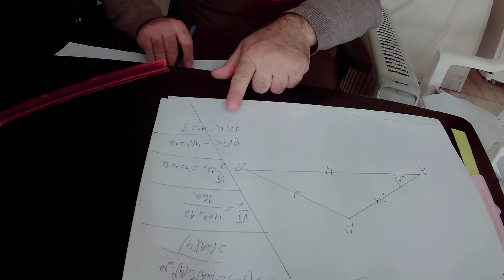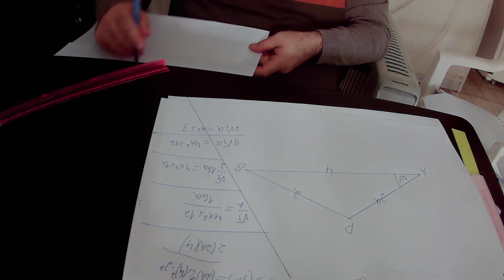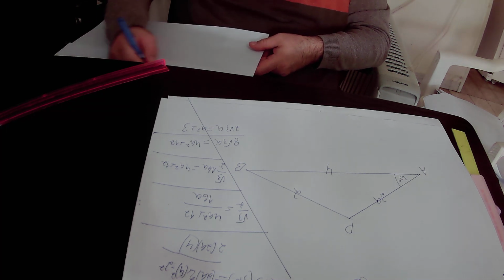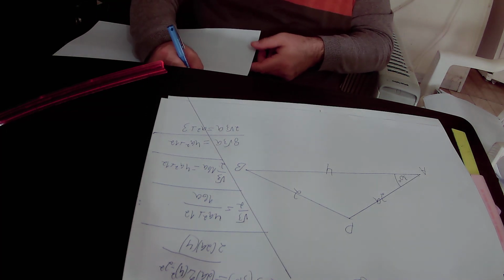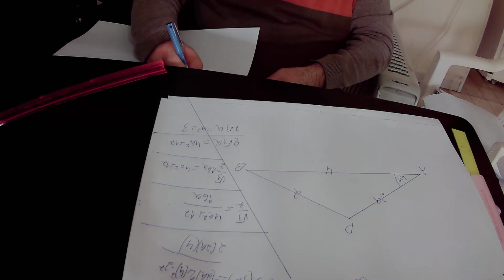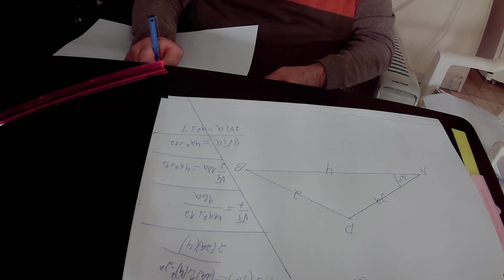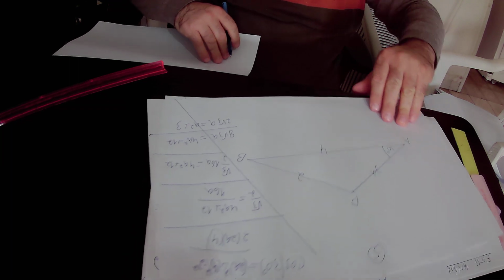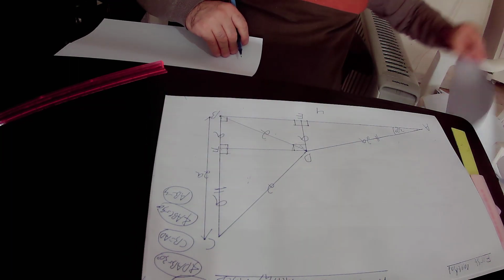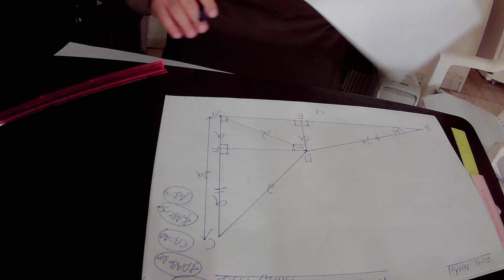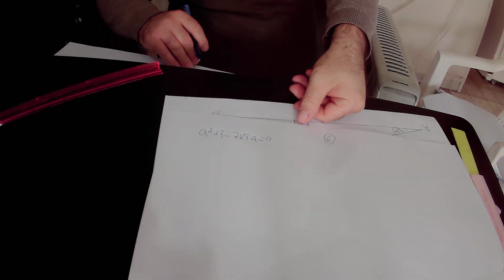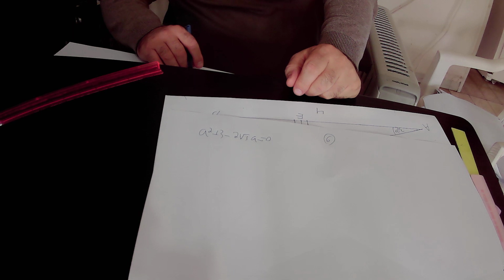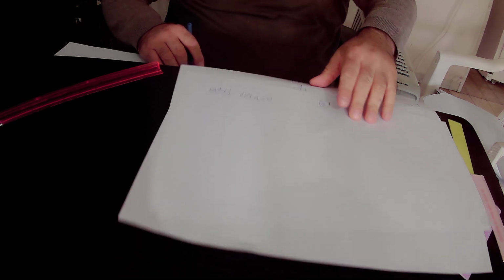Here we will subtract from this equation 2 times square root of 3a, and we will get that a squared plus 3 minus 2 times square root of 3 times a equals 0. I'll repeat again. We got that a squared plus 3 minus 2 times square root of 3a equals 0.